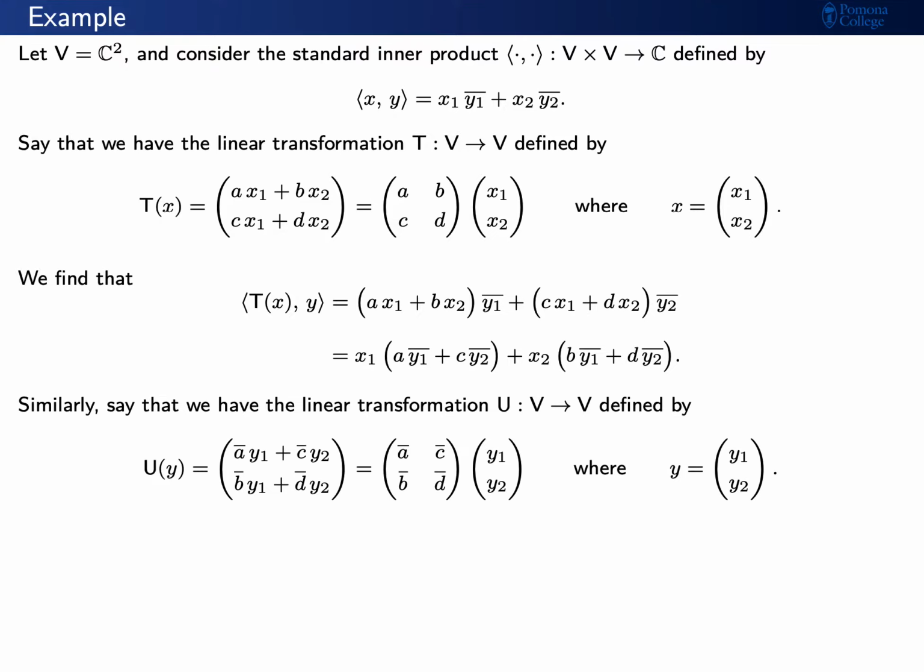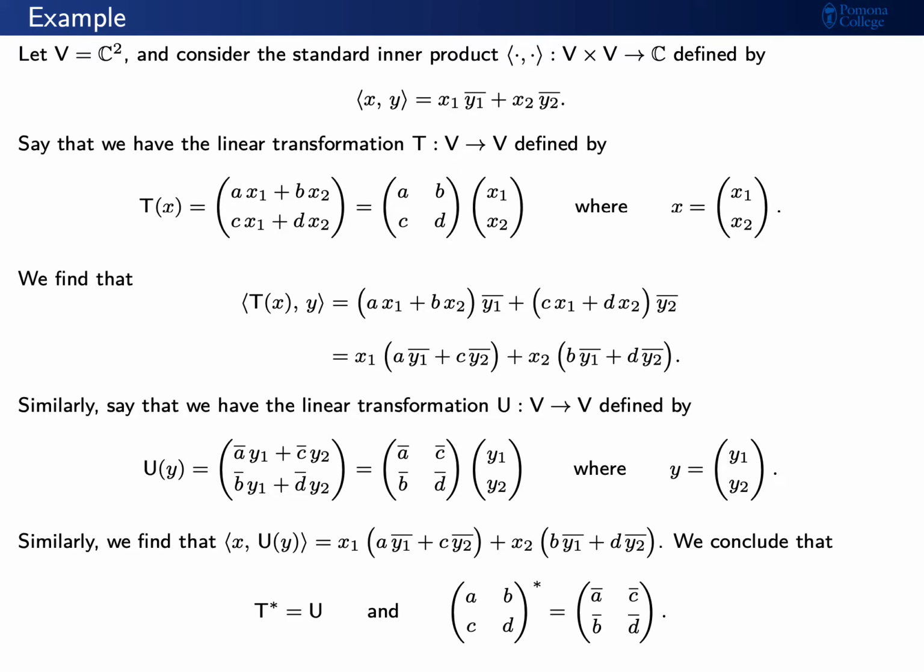Using this, let's write down a second linear transformation U from V to itself in terms of the matrix A conjugate, C conjugate, B conjugate, and D conjugate. We then find the exact same expression as above for the inner product of x with U of y.